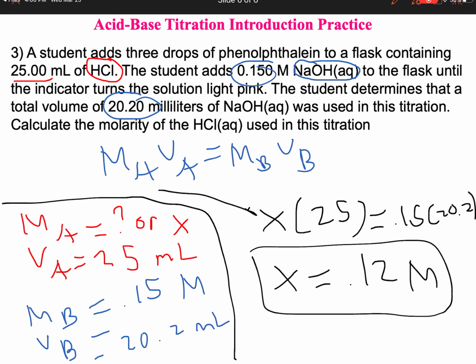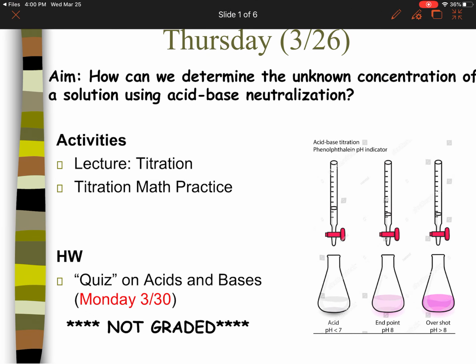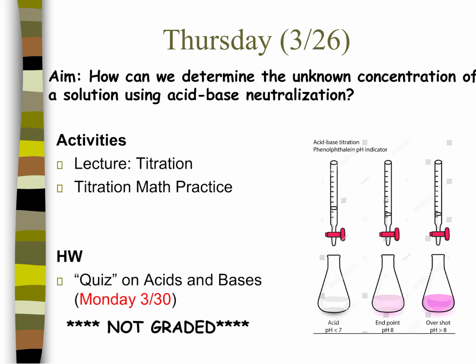Tomorrow, let me give you a little preview of what we're doing. We're going to be talking about indicators. Phenolphthalein is one indicator that you can use. There are a bunch of other ones. So tomorrow, we're just going to practice using different acid-base indicators and the colors they change. Phenolphthalein goes from clear to pink.